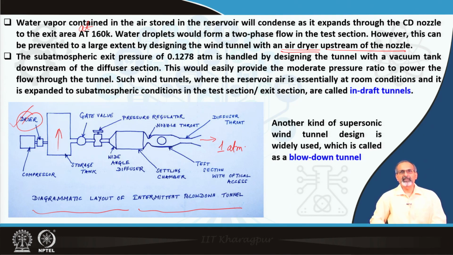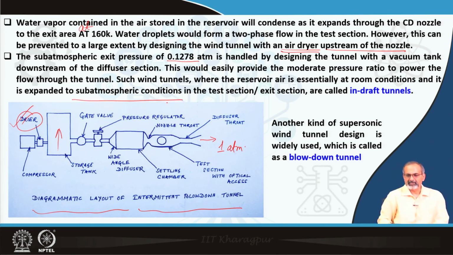The subatmospheric exit pressure of 0.13 atm is handled by designing the tunnel with a vacuum tank downstream of the diffuser section. This would easily provide the moderate pressure ratio to power the flow through the tunnel. Now, such wind tunnels where you use subatmospheric conditions at the exit are called in-draft tunnels.